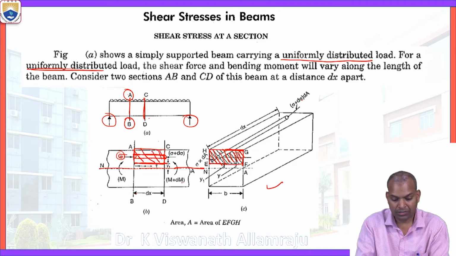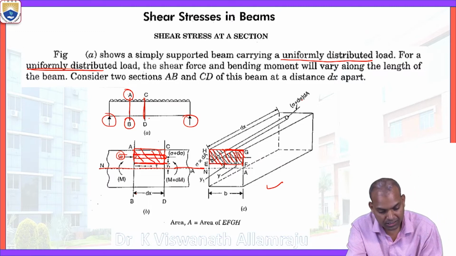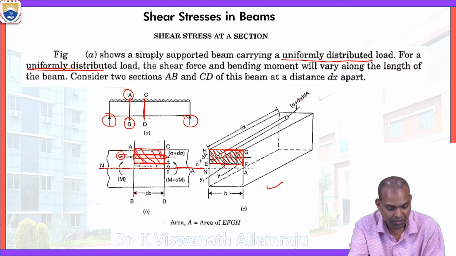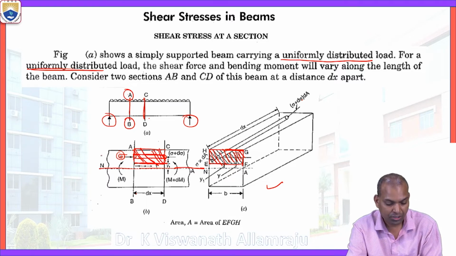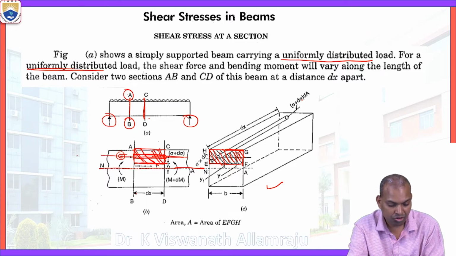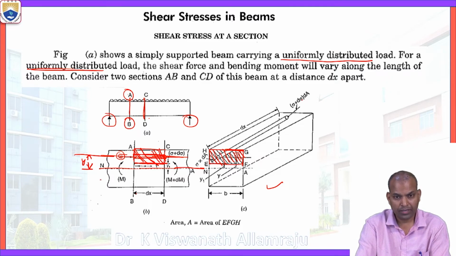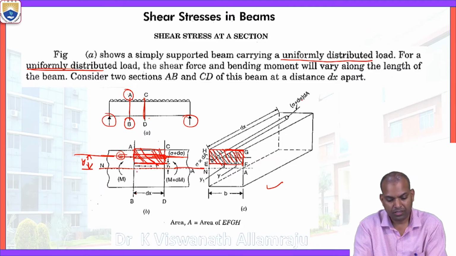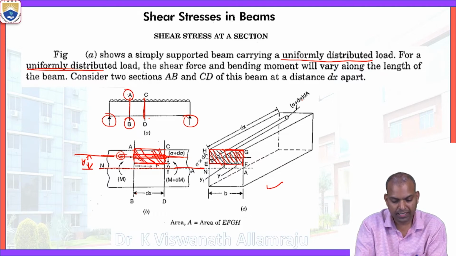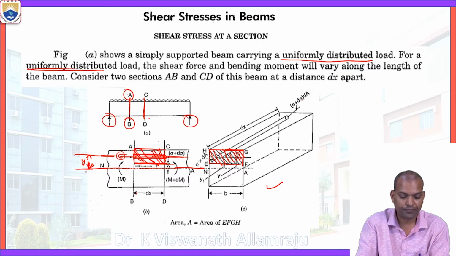And there is another one, that is y. The hatched area is dA, and its centroidal axis is at a distance y from the neutral axis. So y1 is the distance of the beginning of the shaded area from the neutral axis, whereas y is the distance of the centroidal axis of the shaded area from the neutral axis.